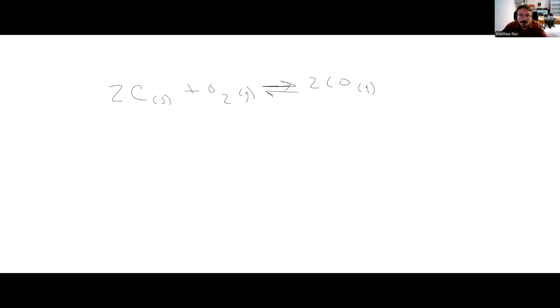So we want anything that is a gas or is aqueous, anything that isn't solid or pure liquid, and we're going to do products raised to their coefficients over reactants raised to their coefficients. And carbon is a solid, so that gets left out. And this would be answer choice B.